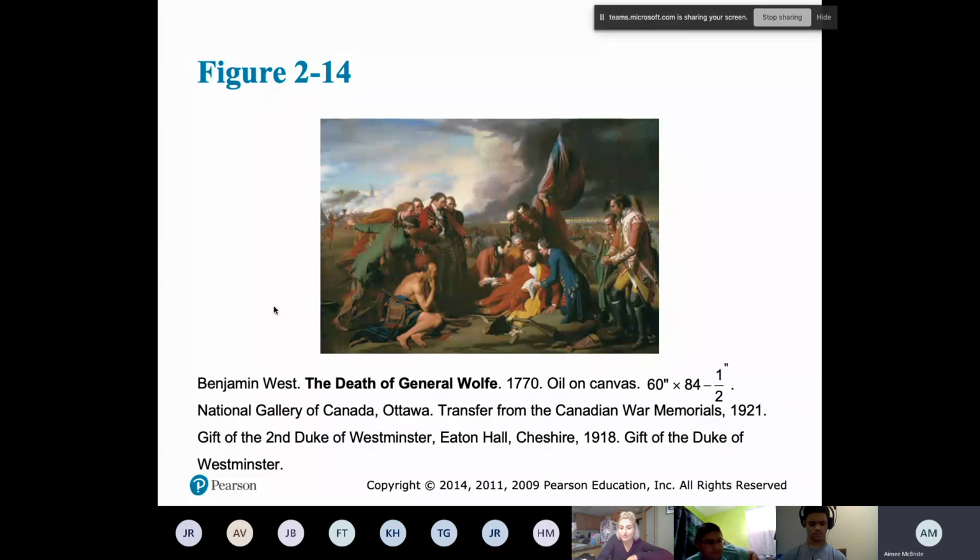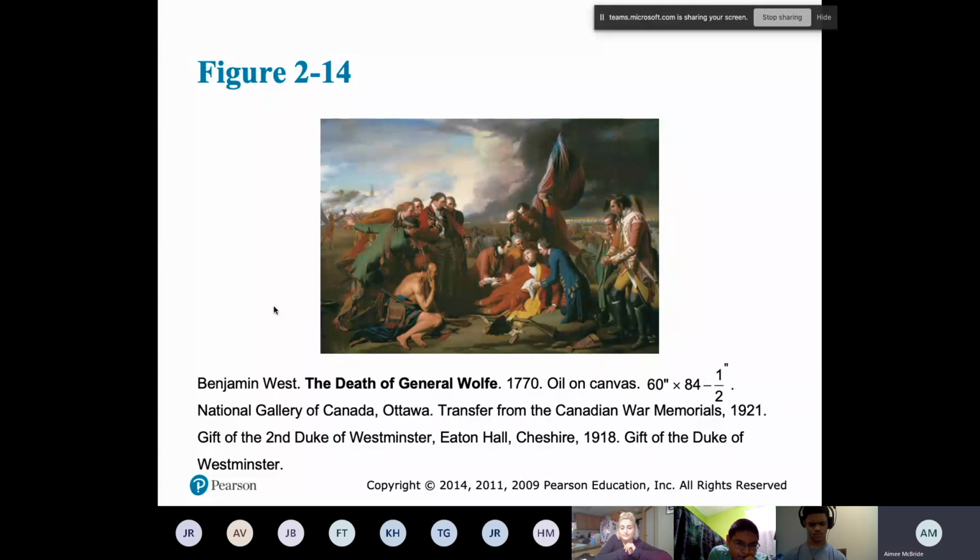No, that is a common mistake. Wasn't it the English and the French, and then they both had Indians on each of their sides? Yeah, exactly. So it's actually the British versus the French. There were Indians on each side, and the British colonists were forced to fight on the British side.